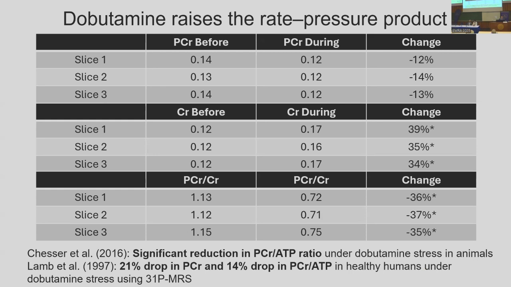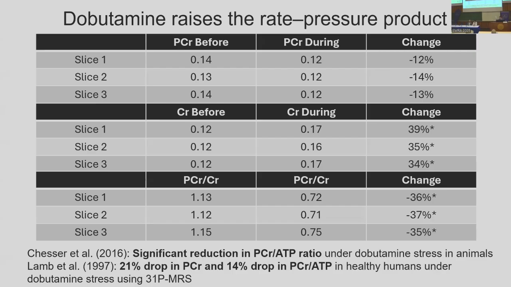So you can see when you have the dobutamine injection to the pig heart, you do see a big change in the creatine level, because you need more energy in the form of ATP. That's what we've shown here.